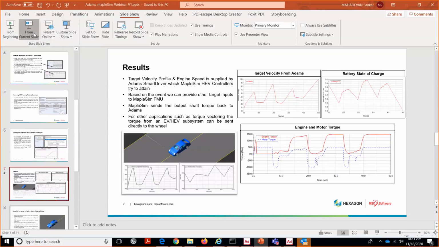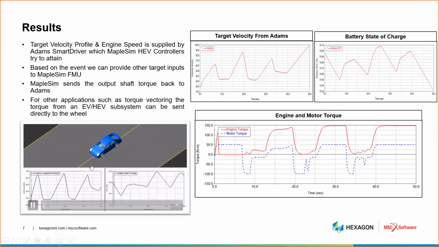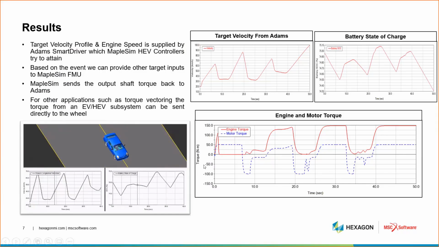So as we discussed over here, we were getting the torques from MapleSim, and we ran it across the track. So you can see this animation, hopefully it's coming through. You can see that as the chassis velocity goes down and the vehicle is braking, your battery SoC is increasing. And these are all the quantities that are coming in from MapleSim. So Adams essentially supplies this target velocity.